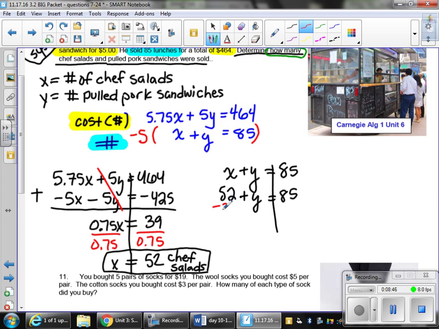We just need to subtract 52 from both sides. y equals 85 minus 52 is 33. So 33, and again, if you're not sure what this represents, go back and look at your variables. y equals the number of pulled pork sandwiches. So he sold 33 pulled pork sandwiches.